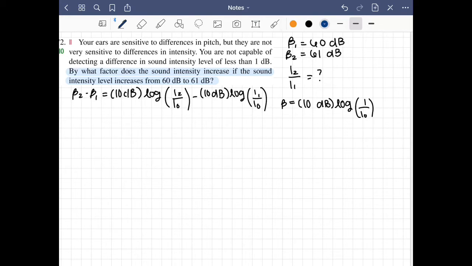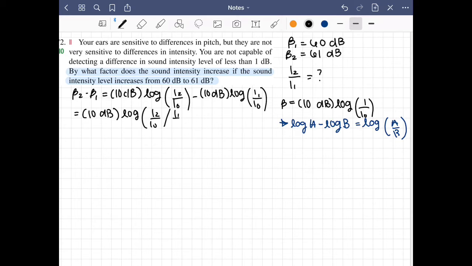Remember to make note of properties of logarithms. One of them tells us that log A minus log B is equal to log of A divided by B. So our equation is equal to 10 decibels times log of I2 over I0 divided by I1 over I0.